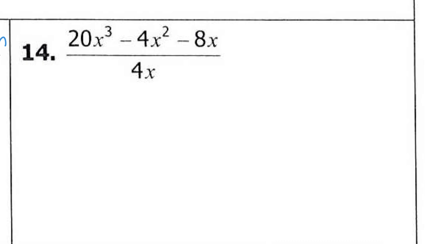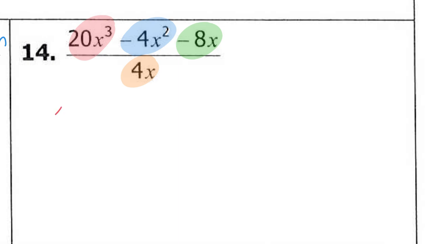So let's look at 14. I'm looking at 20x cubed, negative 4x squared, and a negative 8x, divided by 4x. Just looking at it, I do see everything can be divided by 4.